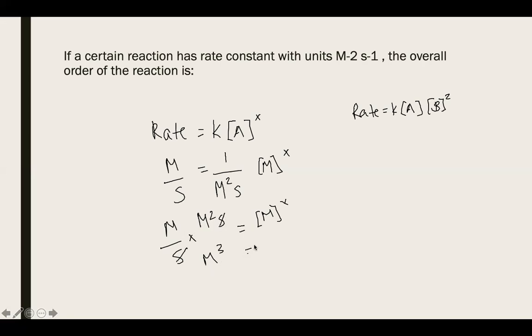If molarity cubed has to equal molarity to the x, then the only way is if x equals 3. That means your exponents add up to 3, so you have a third order reaction, and the order equals 3. Do you guys have any questions about that one, or want to go over anything again? Or is that all clear?